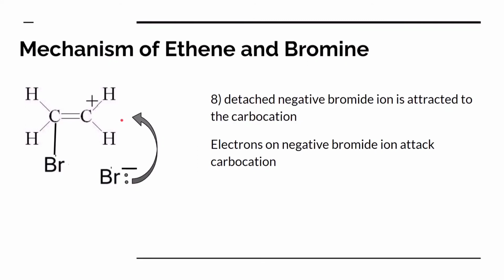And this attack of electrons from the bromine will cause a dative covalent bond to be formed between the carbon and the bromine. And a dative covalent bond is just when both of the electrons in this covalent bond are from one of the atoms involved in the covalent bonding. So both of the electrons in the covalent bond between bromine and carbon will be donated from the bromine.